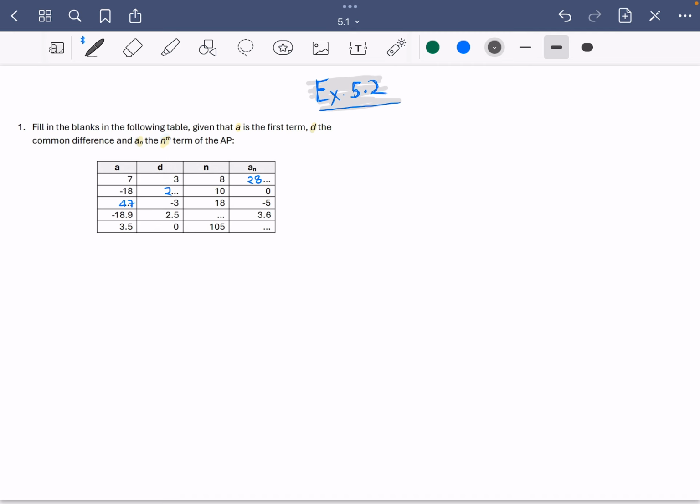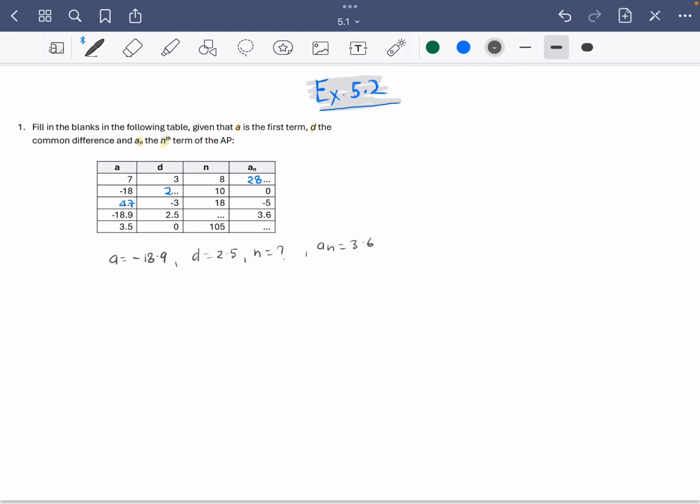The next subpart, which is A is negative 18.9, D is 2.5, and you have to find out N, and AN is 3.6.